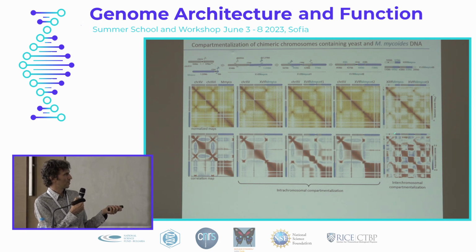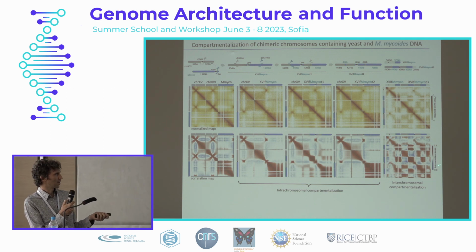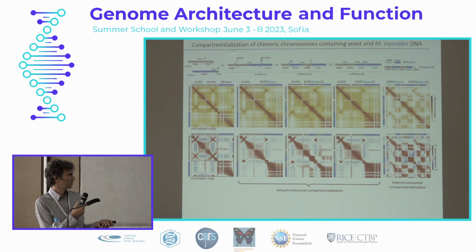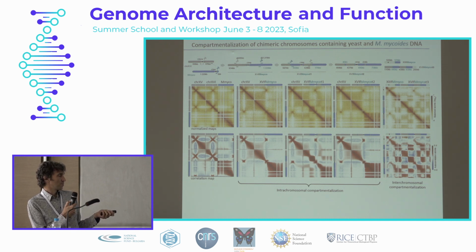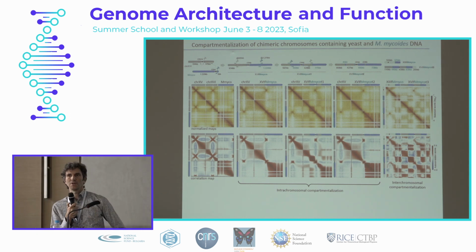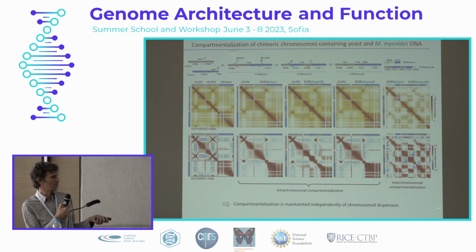And now you end up with this very striking pattern that is really reminiscent of A-B compartmentalization of other species. We don't have the FISH data, but we strongly think that this shows that all these inactive DNA sequences are pushed aside from the active DNA sequence and still make this globular structure at the edge of the chromosomal pack. So compartmentalization is maintained independently of the dispersion of the DNA over the genome.